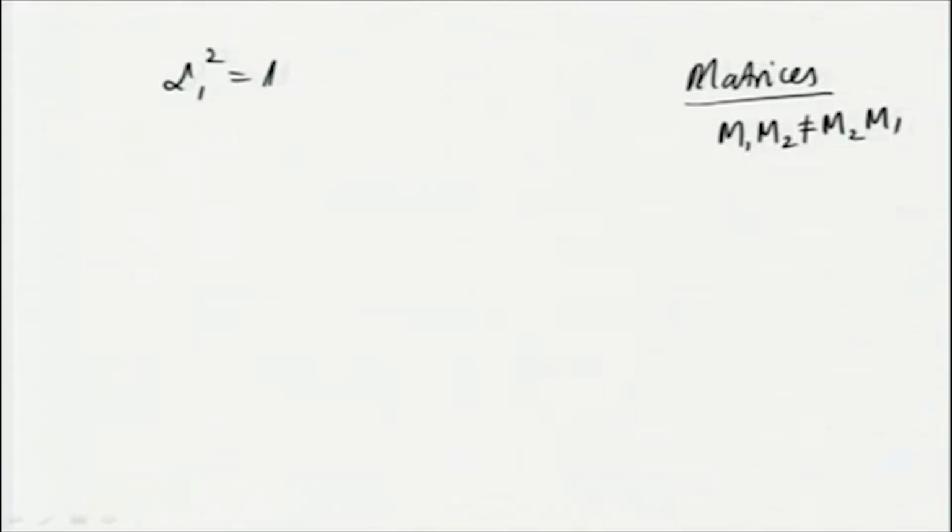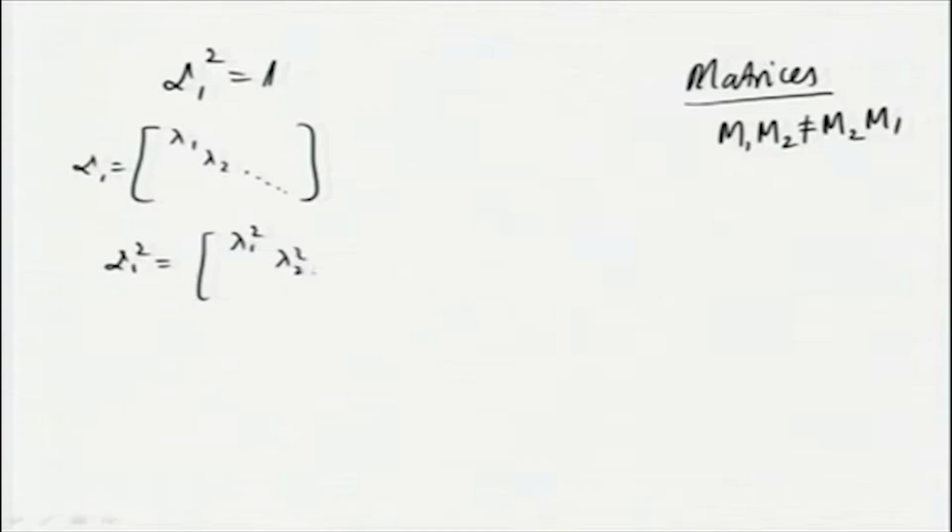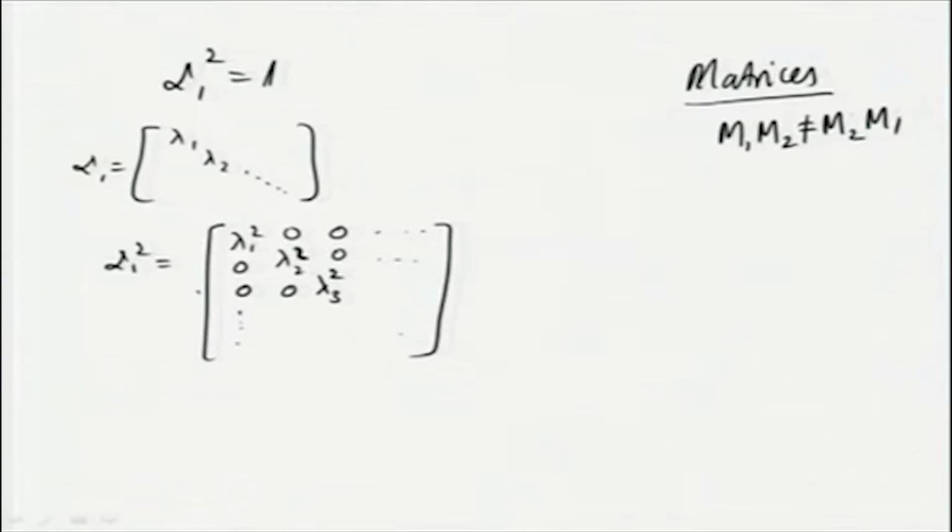Now, if you have a matrix form, and suppose you have diagonalized this matrix, then you have only diagonal elements, lambda 1, lambda 2, etc. Then alpha 1 square is essentially lambda 1 square, lambda 2 square, lambda 3 square, etc. The other elements are all zeros, only the diagonal elements exist. It depends on the dimension of alpha.